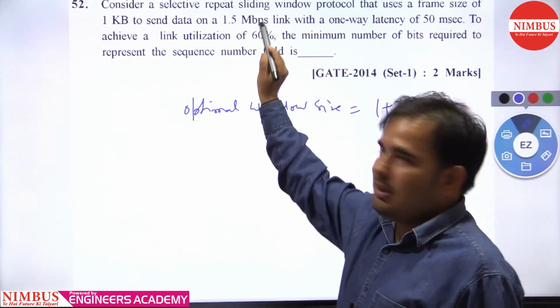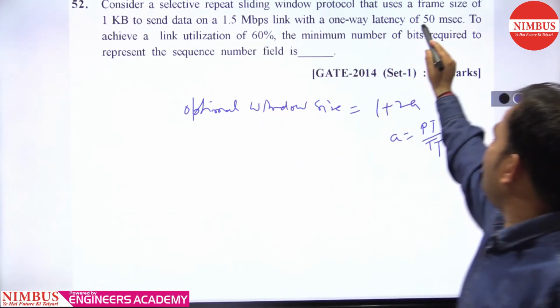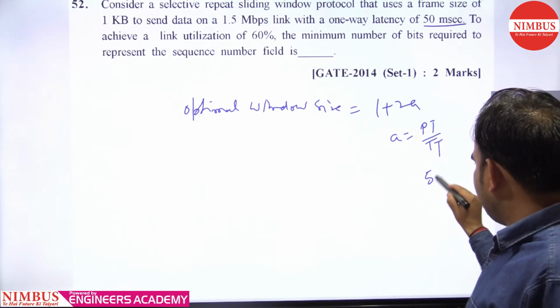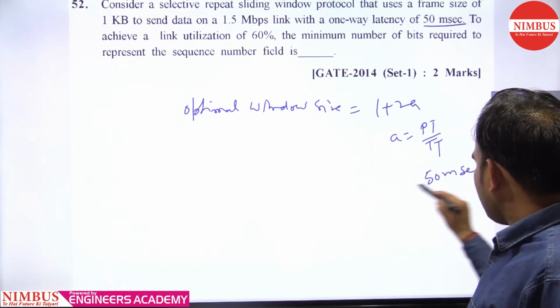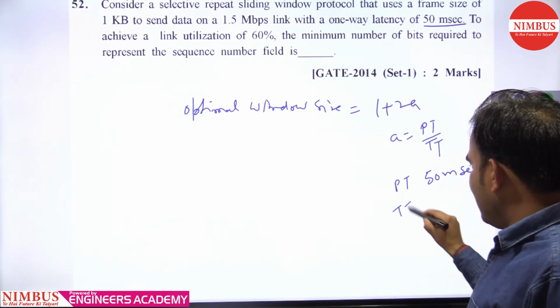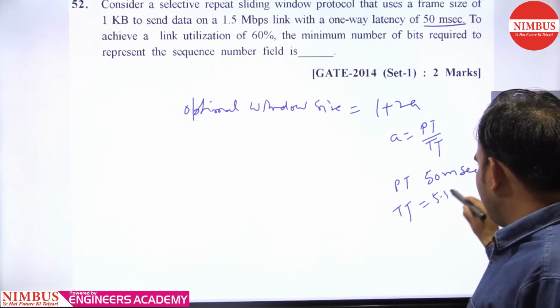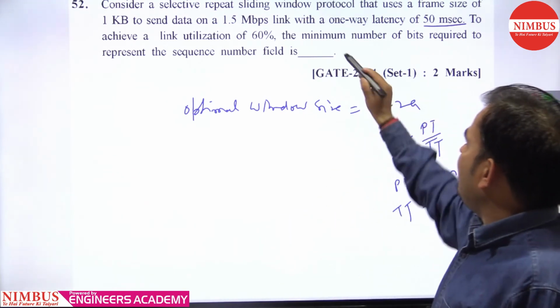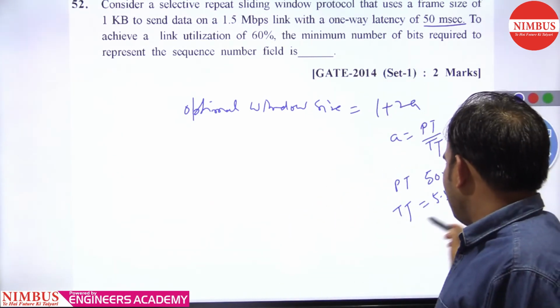Propagation time is given as 50 milliseconds, and transmission time as we calculated is 5.33 milliseconds.